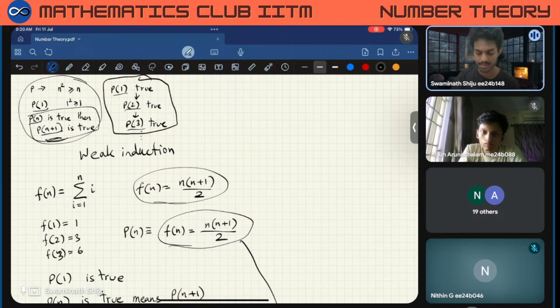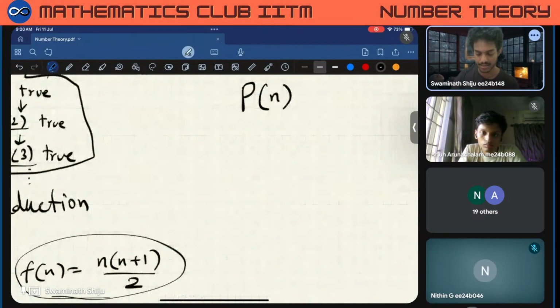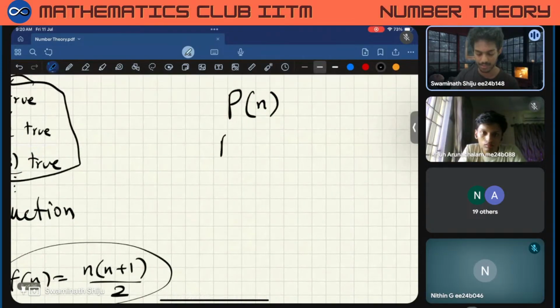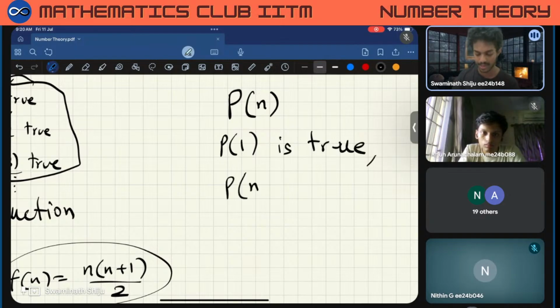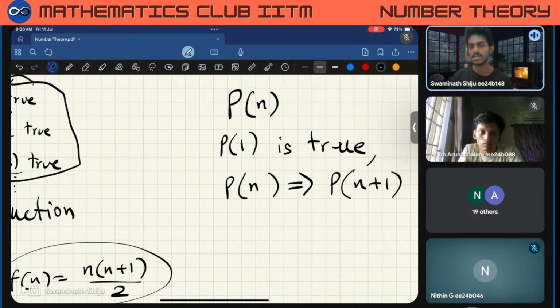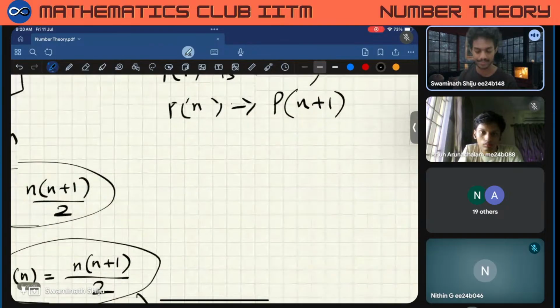Now, how would you go about proving weak induction? Assume you had some statement you wanted to prove, Pn, and we know that P1 is true, and Pn implies Pn plus 1. That was our basic assumption of weak induction.